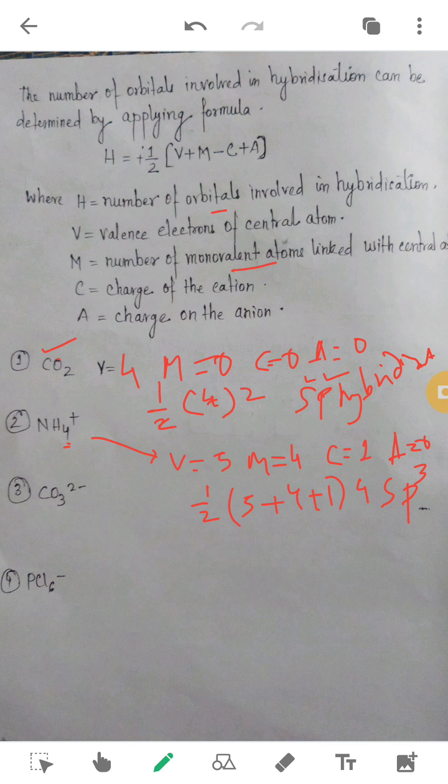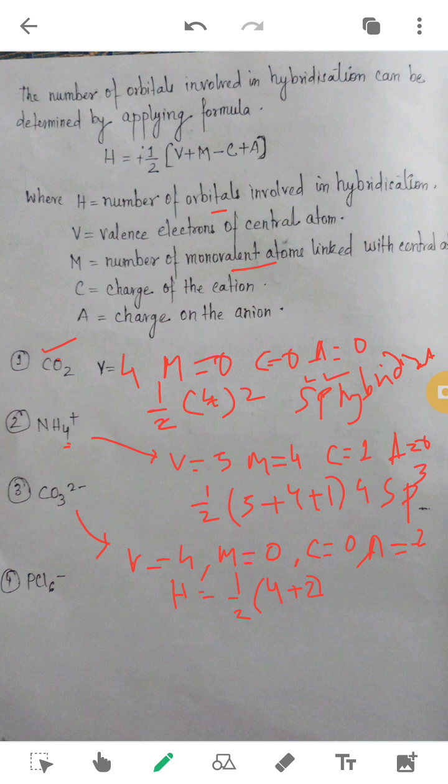Now let us check CO3 2 minus, or you can check PCl6 minus. Let us check CO3 2 minus. V equals 4 here. M: monovalent atoms are not there, so 0. C equals 0, and A equals minus 2 over here. So the hybridization comes as half of 4 plus 2, that is 6.